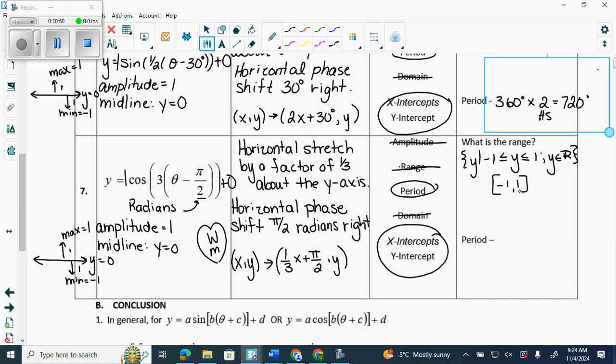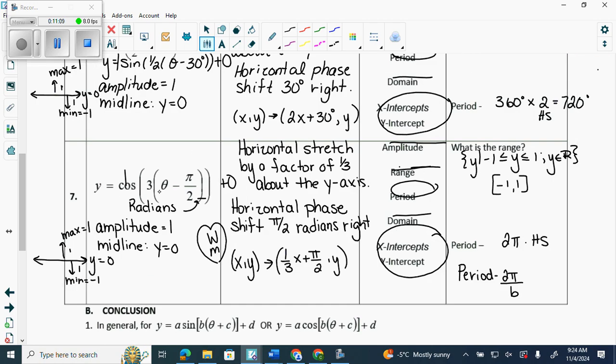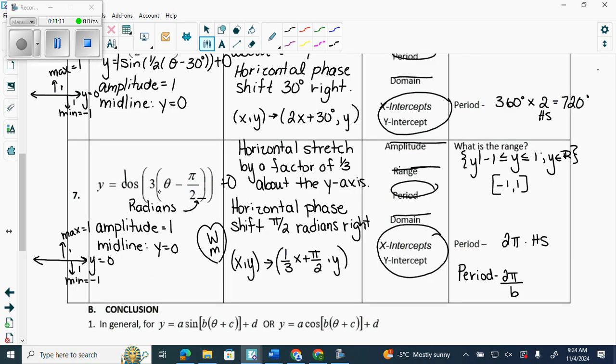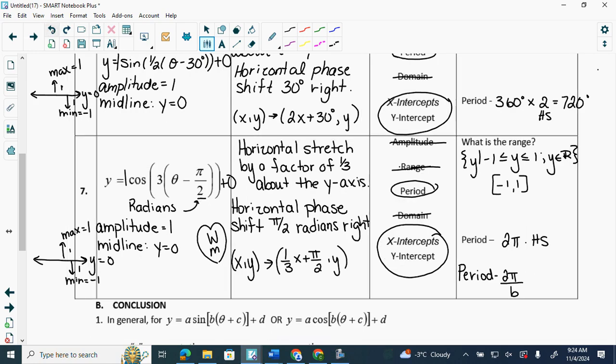What am I multiplying it by? 1/3. So I can either go 2 pi times the horizontal stretch, or, remember I told you the period? You could just go 2 pi divided by the b value. And people think the b value is the horizontal stretch. No, the b value is the b value, correct?